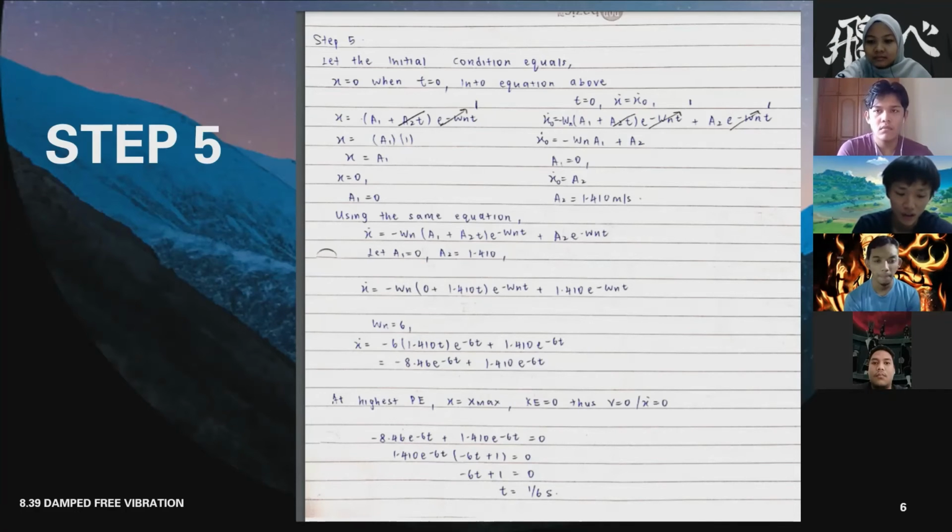In the previous section, we obtained that x naught dot is 1.41, so a2 will be 1.41 as well.